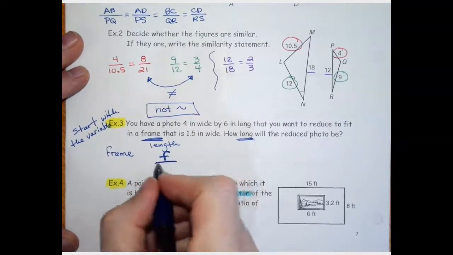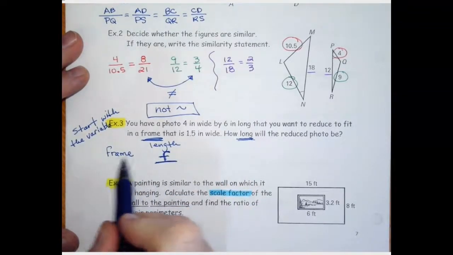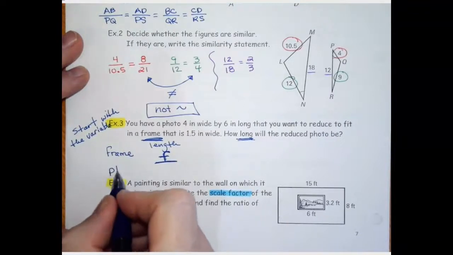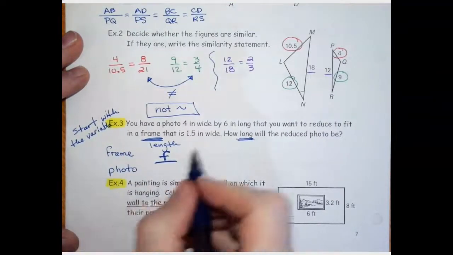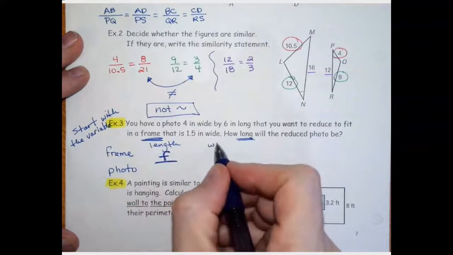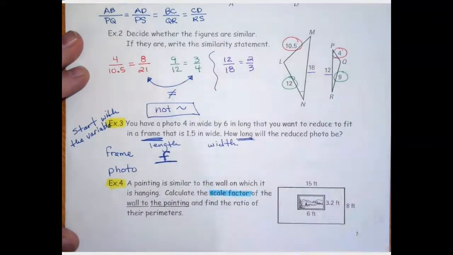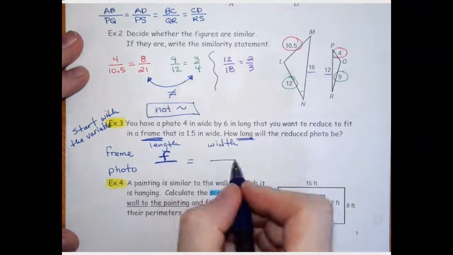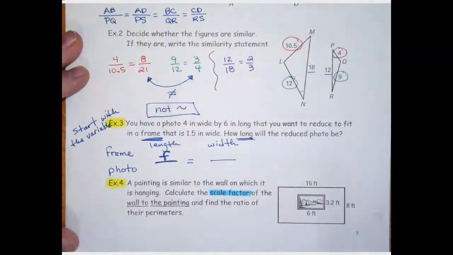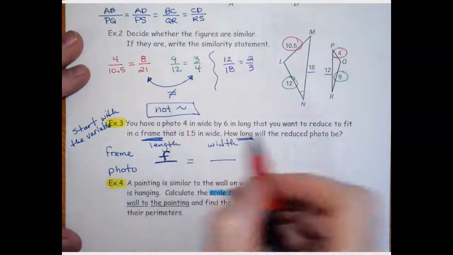So we have F, length, frame, and then we also have photo, and we have length and width. So with these word problems, proportions, similarities, it's a good idea to just set up a little chart like that. So what do we have in our chart?